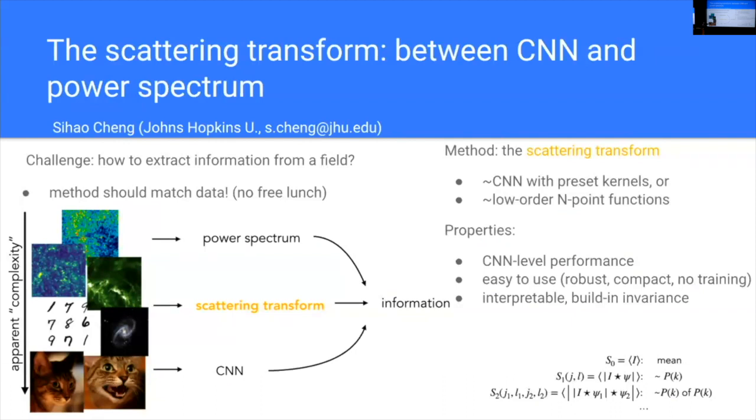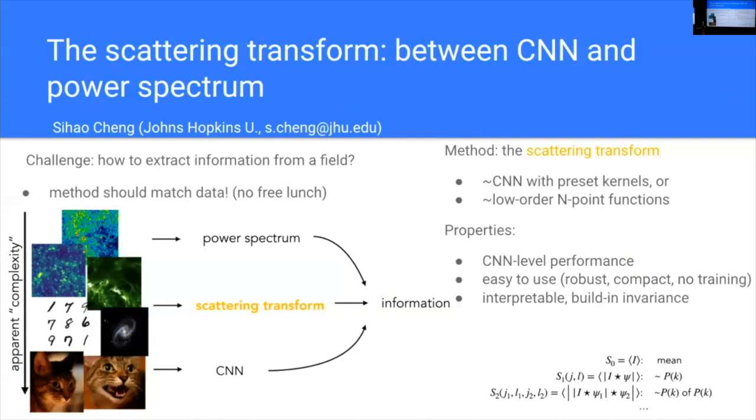And again, here I want to emphasize the main advantage of the scattering transform, which is actually that it's easy to use. So again, an advertisement here. Basically, anywhere you can use a power spectrum, you can try the scattering transform. For example, the turbulence field and the cosmic density field.